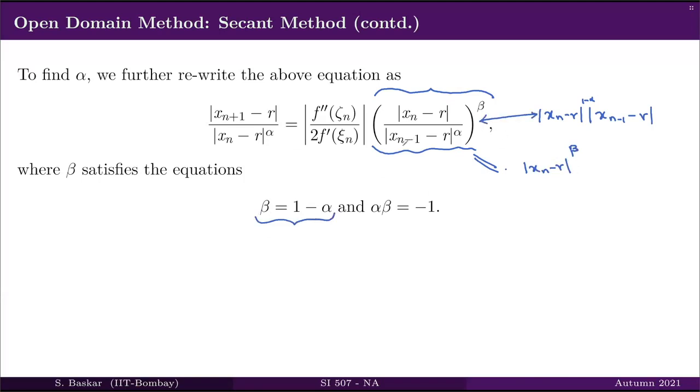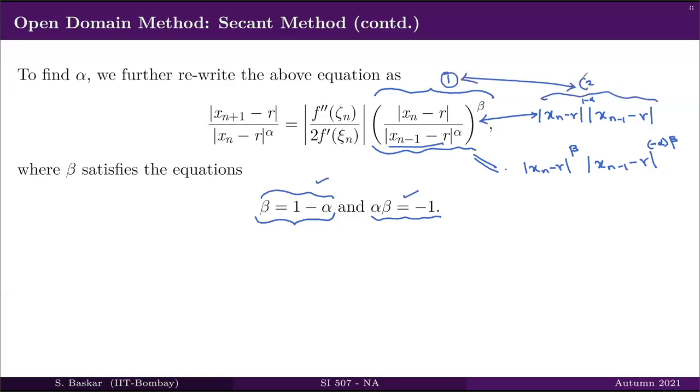And this term is nothing but |x_{n-1} - r|^(-alpha beta). That is what I'm writing, that alpha into beta should be equal to -1. So if I choose my beta and alpha in such a way that it satisfies these two equations, then this expression will match with this expression.